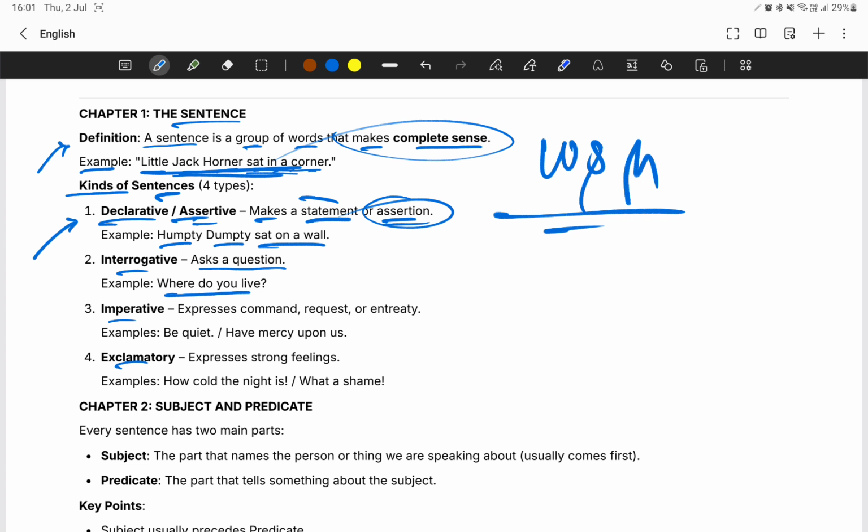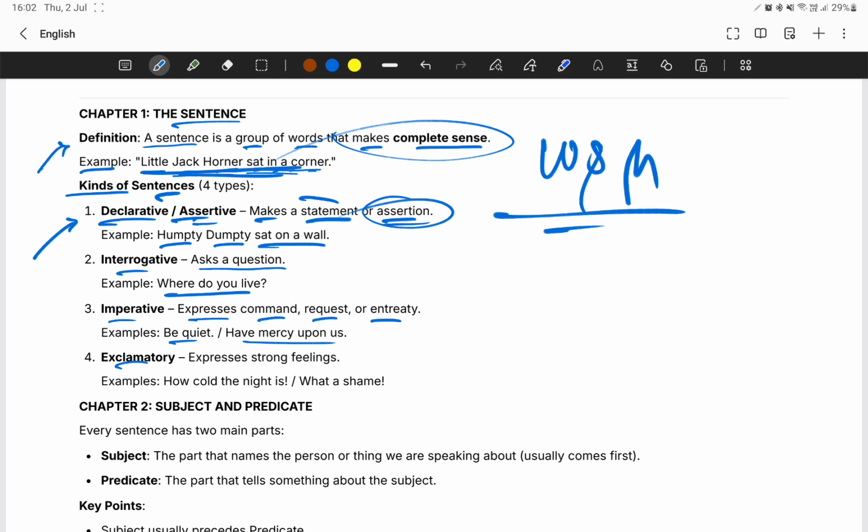Next, an imperative sentence, which expresses a command. I am ordering you to do this. Or a request, I'm requesting you to do this. It's similar to a request, I guess, and I'll tell you about that in a doubt session. Examples: be quiet, have mercy upon us.